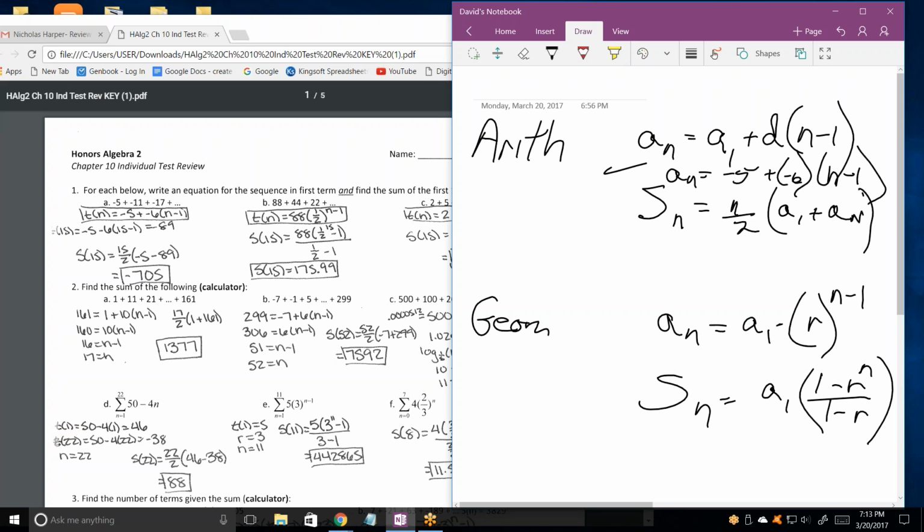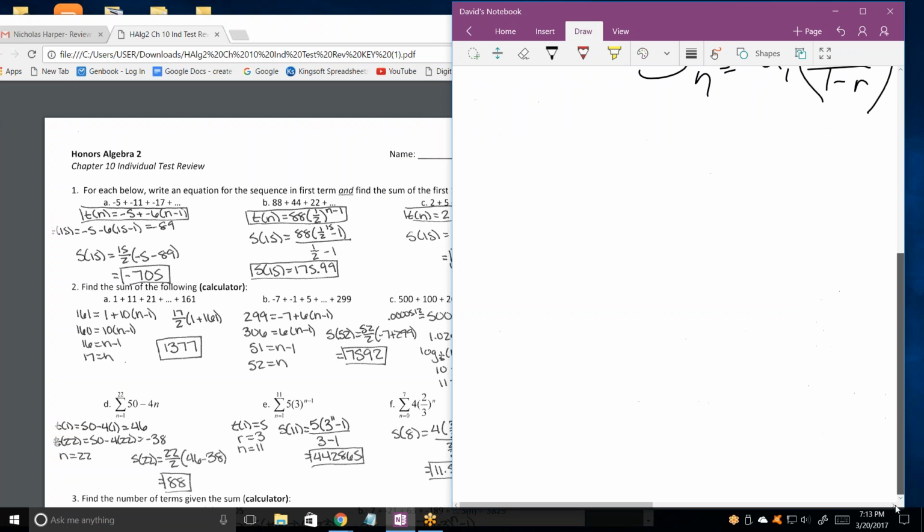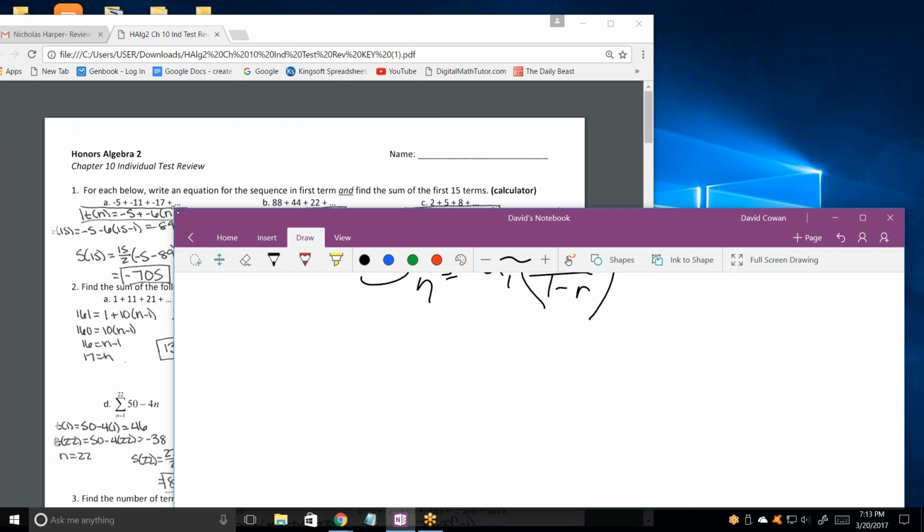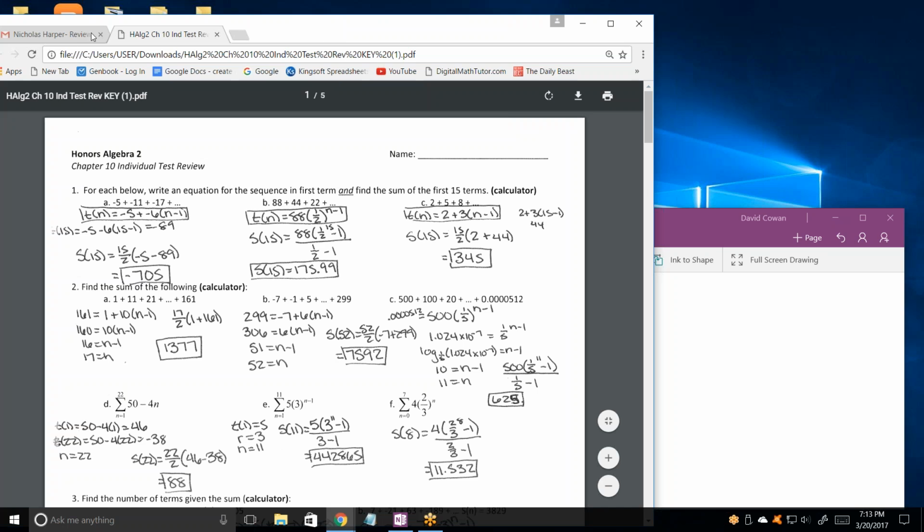All right, let's see. I guess we should probably go through each of these problems, and I don't even have a good way of covering them up. You should have a clean copy and then the key copy. Do I have both copies? Yeah, you should. I emailed them both.